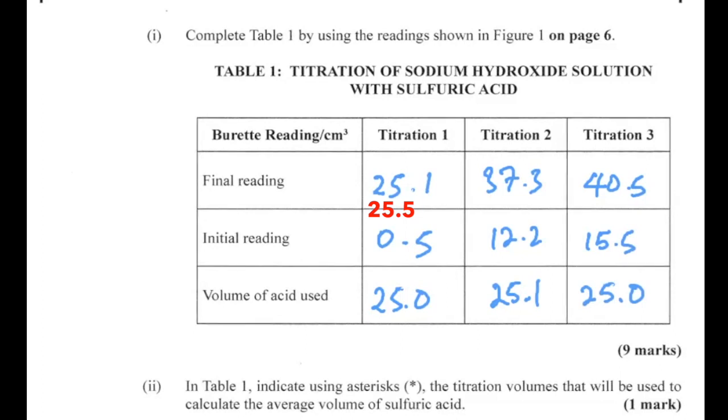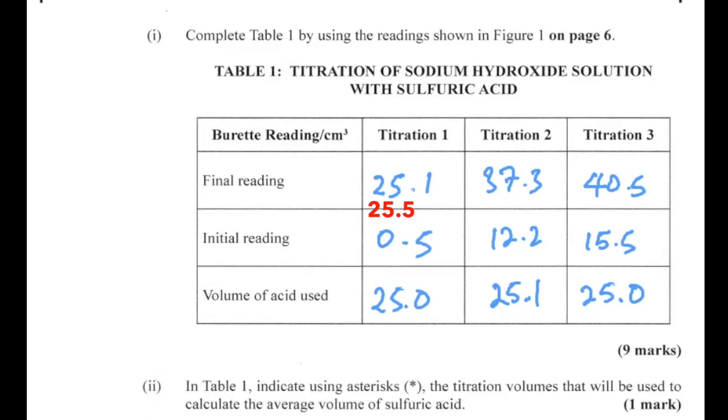Now, for part 2, we're to indicate using asterisk the titration volumes that will be used to calculate the average volume of sulfuric acid, right? So let us do that. Here, if you work with the 25, they'll accept it. However, for analytical work, we normally want consecutive readings that don't differ by more than 0.1.